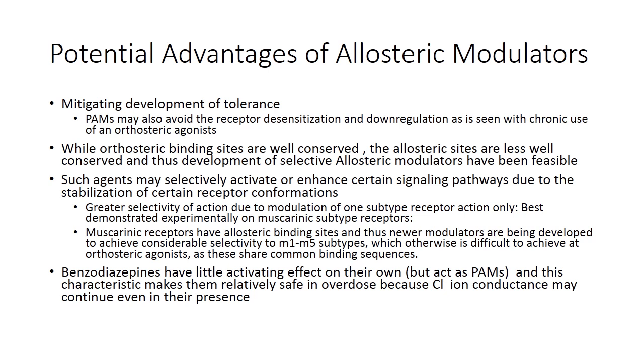Therefore, subtype selectivity will not be seen for orthosteric sites, but subtype selectivity will be much more prominent with the allosteric modulators. And actually efforts are being made to find subtype selective muscarinic agonists and their therapeutic utility.